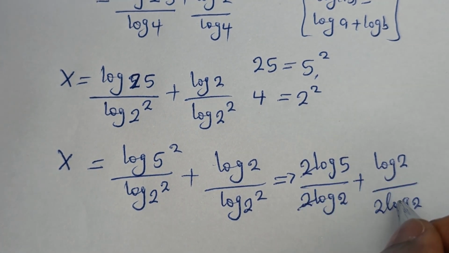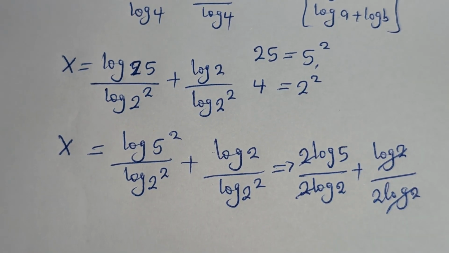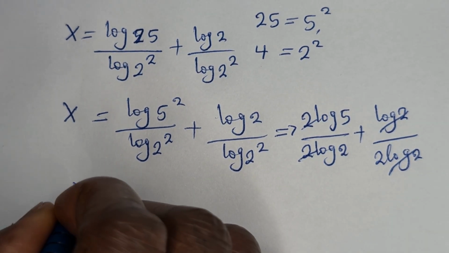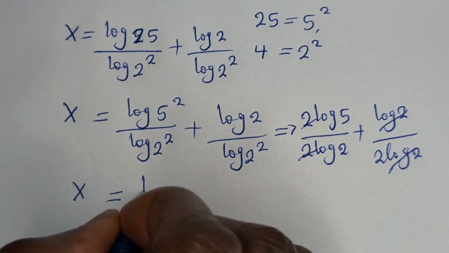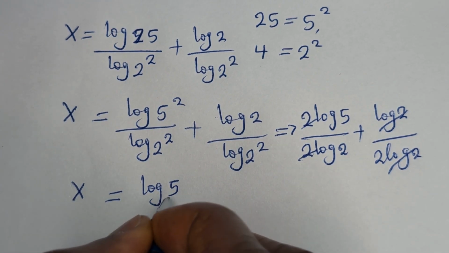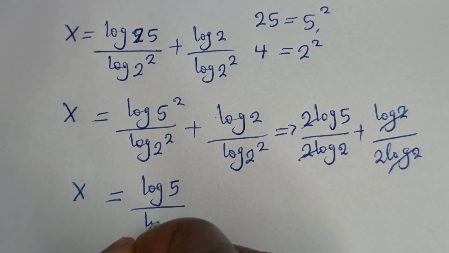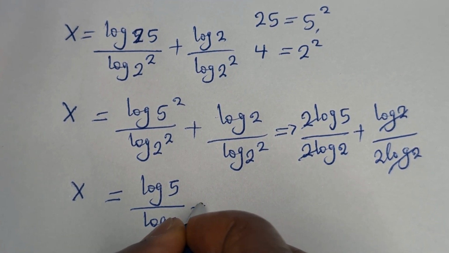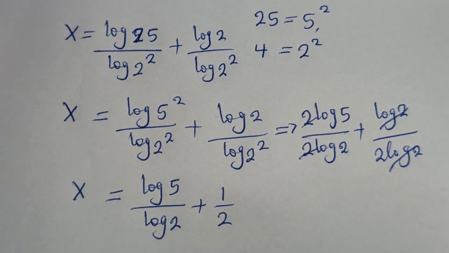These two cancel these two. Log 2 cancels log 2. x is equal to log 5 over log 2 plus 1 over 2.